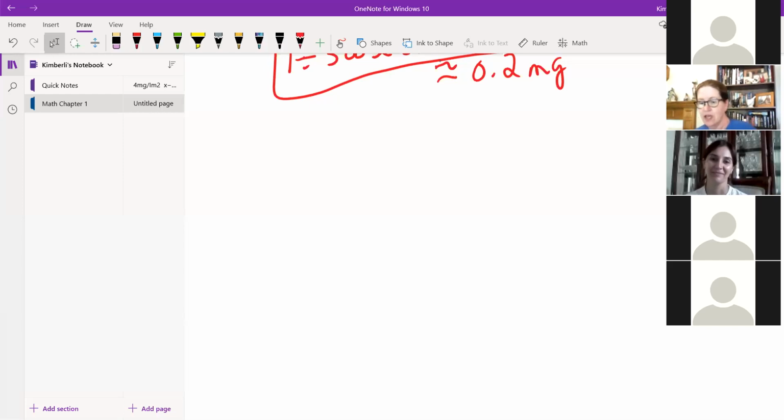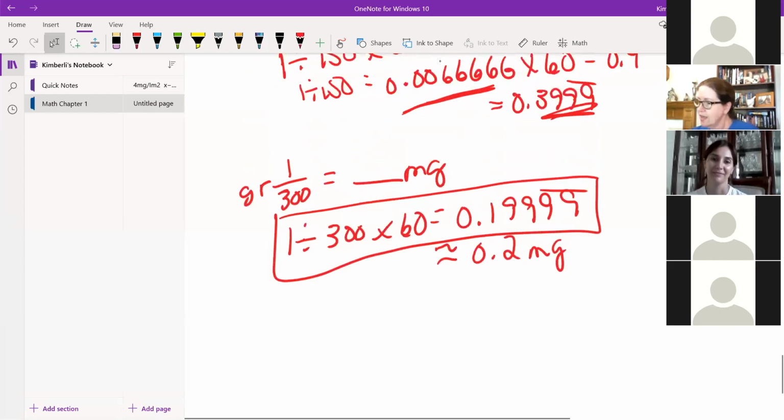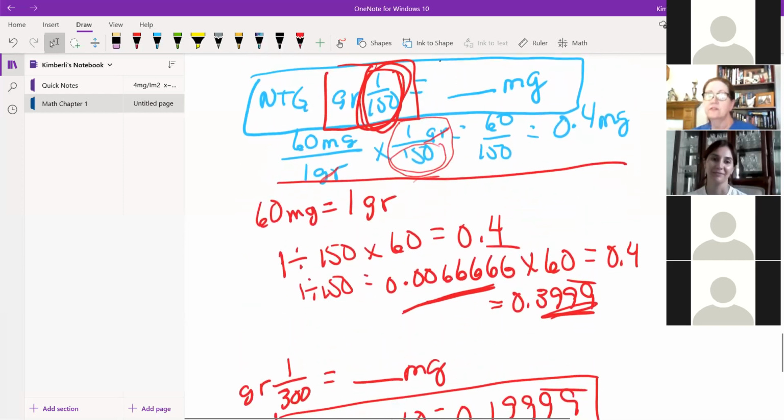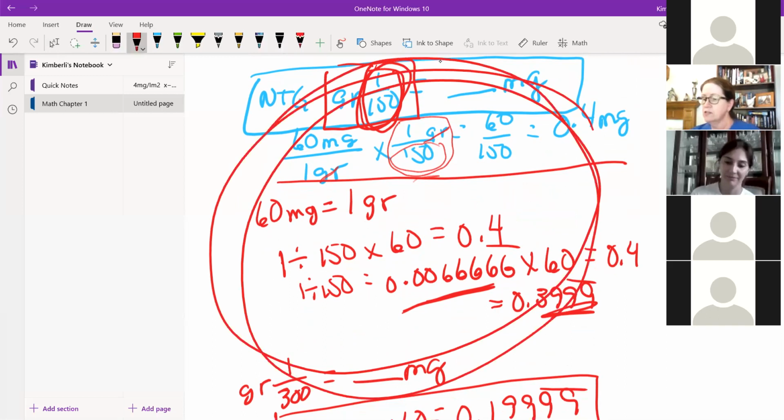We'll see. So Chapter 5 talks about what we just did. It talks about conversions within the measurement systems, but I promise you, this is the hardest one in the whole chapter, okay, for Chapter 5. What we just did was the hardest one.